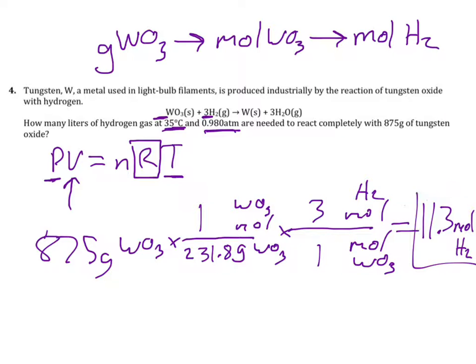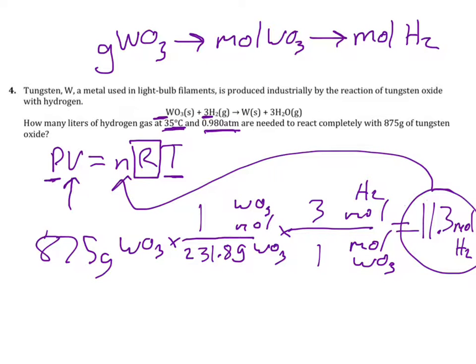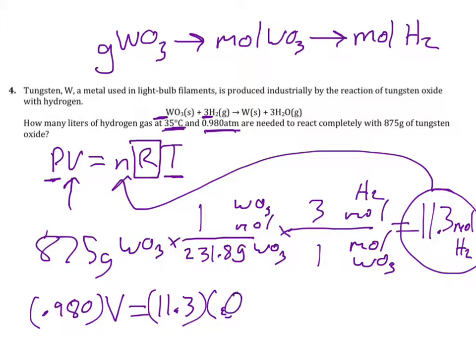Now that we have the moles of hydrogen gas, we can then take these moles of hydrogen gas and now plug it into PV equals nRT. And so we know the pressure is 0.980 atmospheres. We are looking for the volume. We just calculated the moles. R is a constant, which is 0.0821.